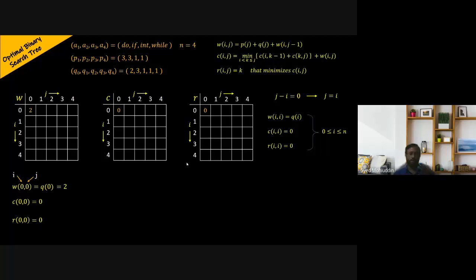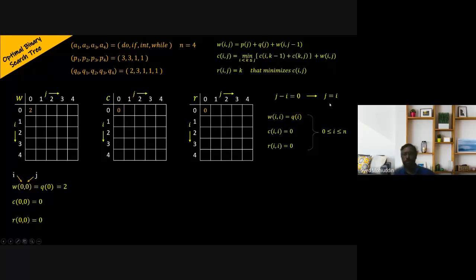Each node means j minus i should be 0. That is, we will be constructing 4 different trees, and each time only one node will be its root.